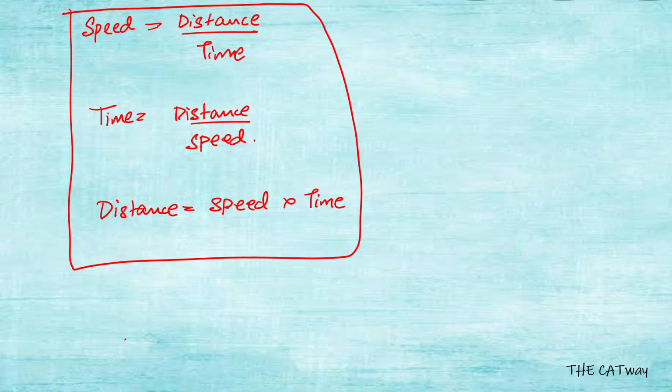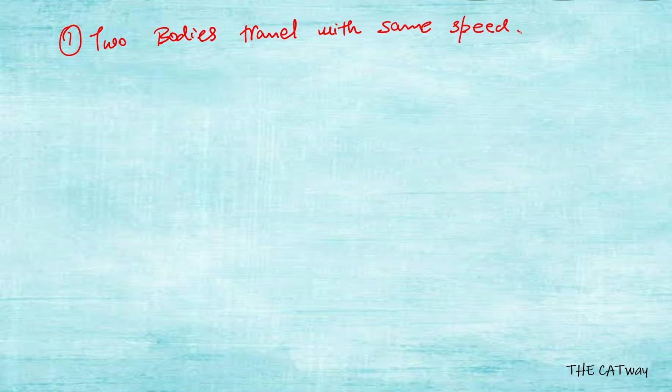Now, a few things to know. What these formulas represent is that if two bodies travel with the same speed, then the distance is directly proportional to time.